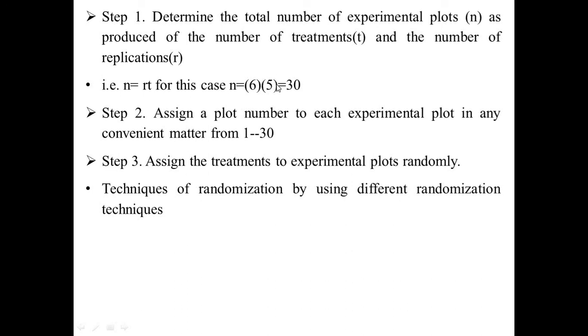If we multiply this, we will have 30 experimental units, and we assign a plot number to each experimental plot in any convenient manner from 1 up to 30. We have 30 plots, and we can use random numbers or consecutive numbers from 1 up to 30.